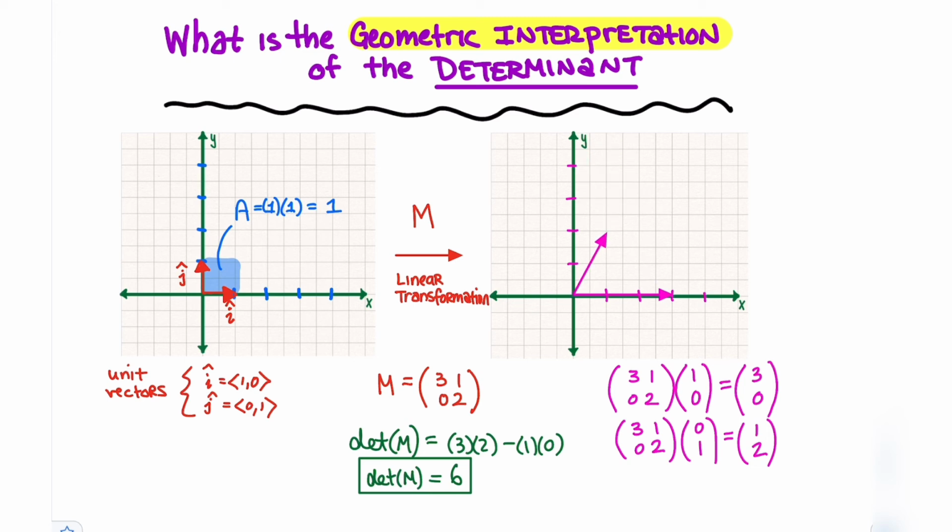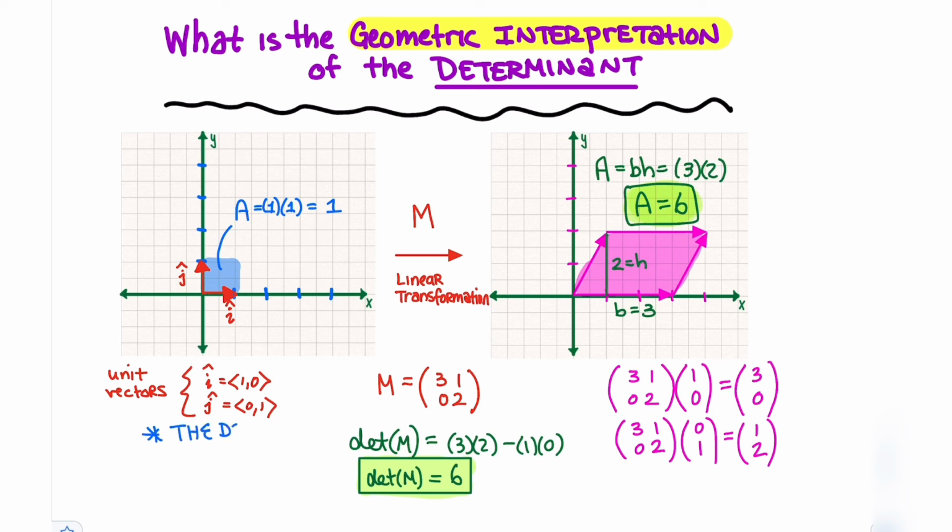And if I take the vector (0, 1) and put it through this matrix, I get the new vector (1, 2). And if I look at the geometry that comes with those vectors, the area that is spanned by those vectors is a parallelogram. And if I calculate that, I find the area to be 6, which also happens to be the determinant of the matrix M.